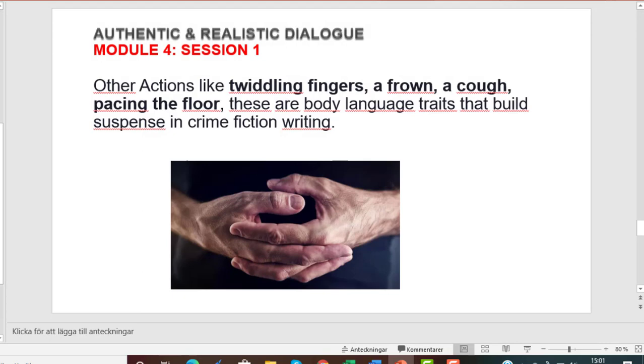Other actions like twiddling fingers, a frown, a cough, pacing the floor, these are body language traits that build suspense in crime fiction writing. Dialogue should always revolve around tension and suspense. The purpose of dialogue is to make it more efficient than normal speech and yet still have it sound realistic. This is what makes dialogue a challenge.